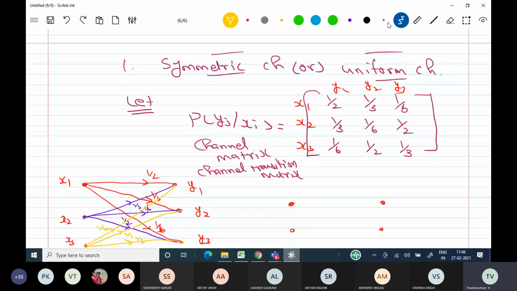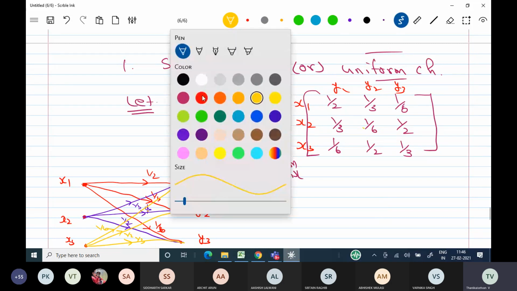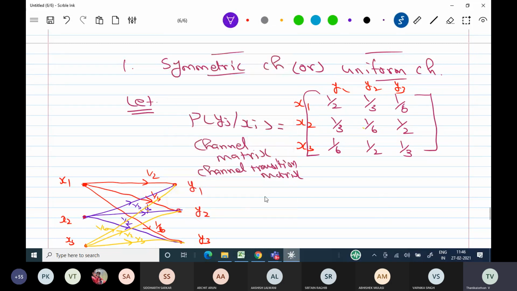Now, if you are able to understand, my job is very easy. Put the heading now: symmetric channel. When is it called a symmetric channel? A channel is said to be symmetric or uniform channel if the second and subsequent rows of the channel matrix contain the same elements, but the elements are in different order.